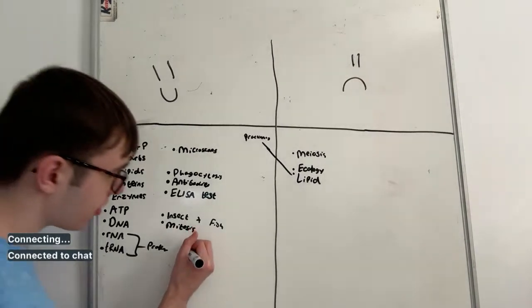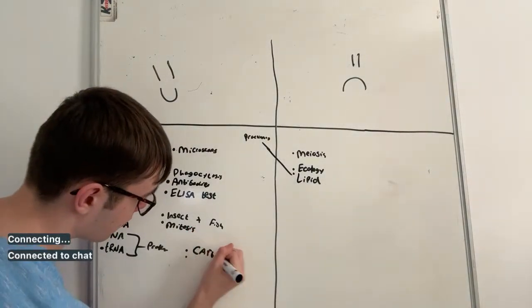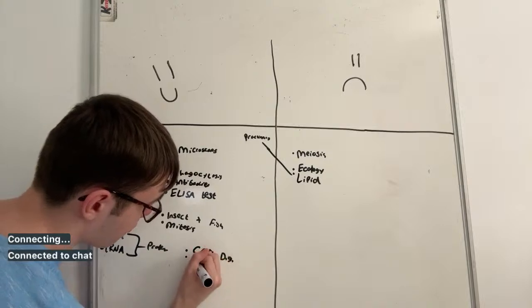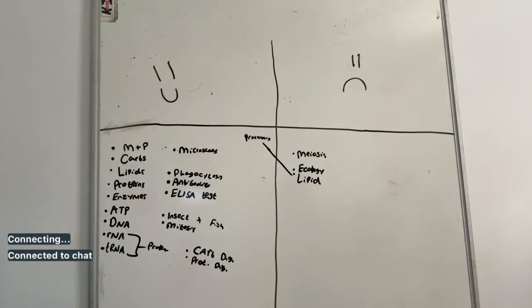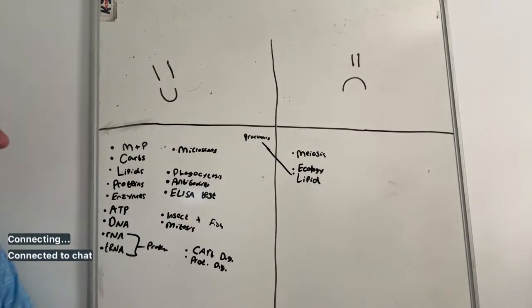I think carb digestion and protein digestion are lovely if they come up. But bear in mind, I'm just a regular student. I revise maybe three or four hours at home over the course of a week, not too much.